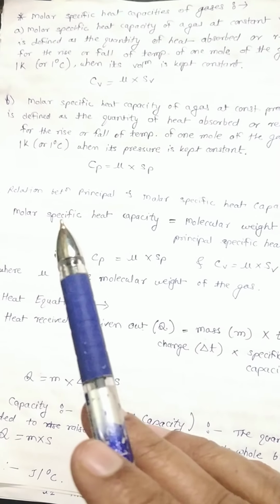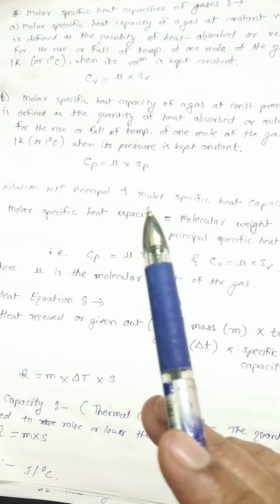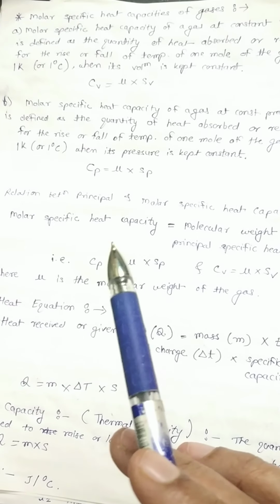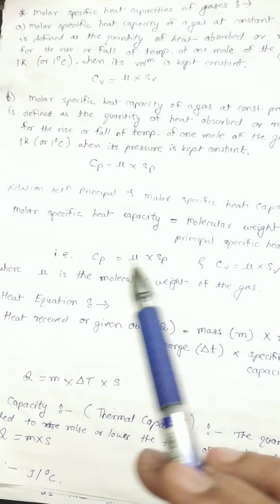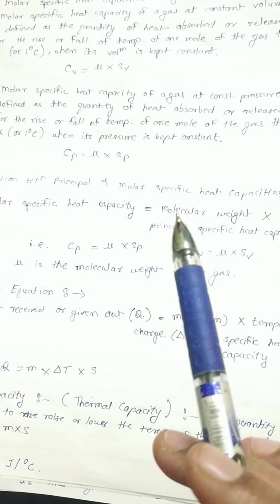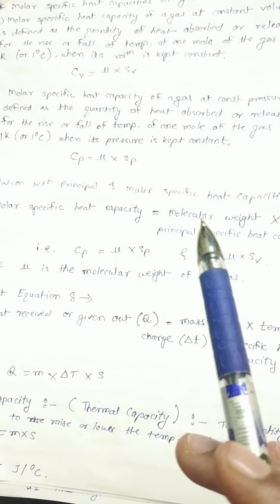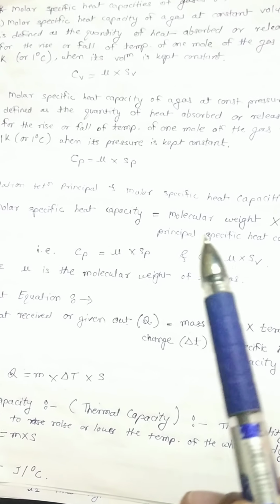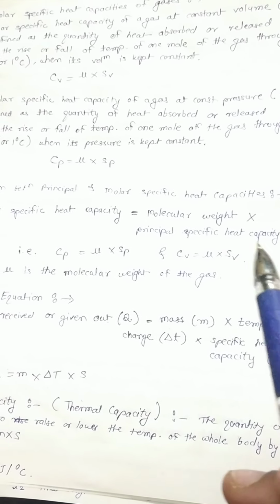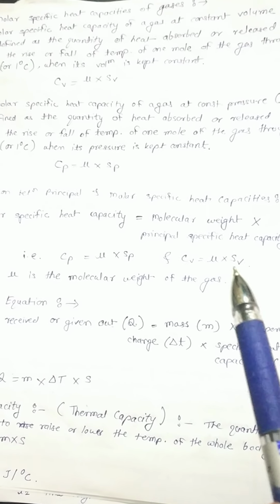So the relation between principal and molar specific heat capacity is given by the following expression. Molar specific heat capacity is equal to the molecular weight μ times the principal specific heat capacity, Sp or Sv.